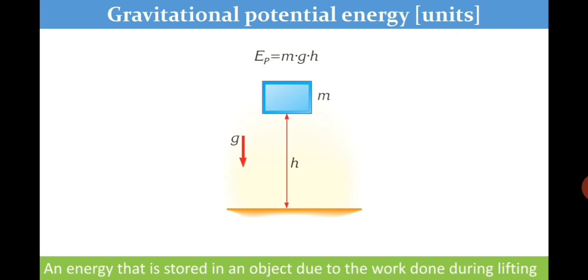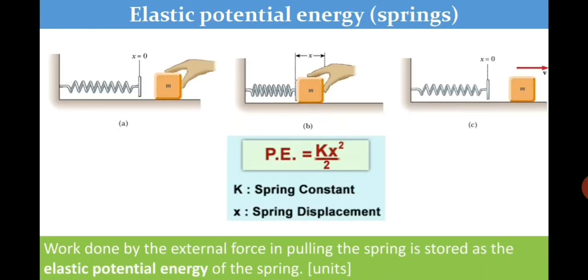The formula of potential energy is equal to mass times acceleration of gravity times height. The unit of energy is joules, the unit of mass is kilogram, the unit of acceleration of gravity is meter divided second square. The unit of height is meter.